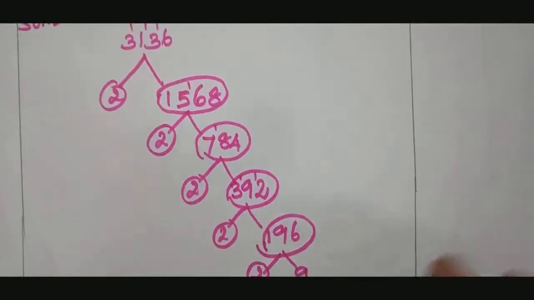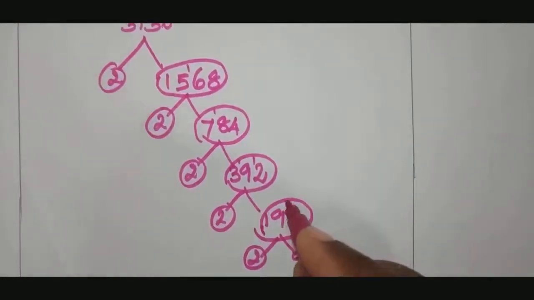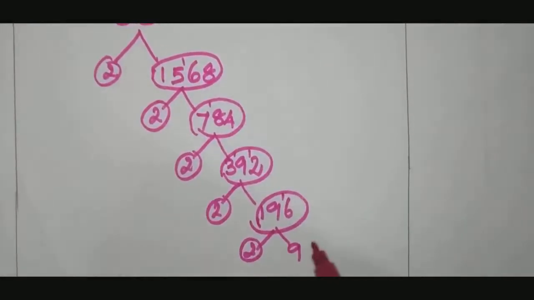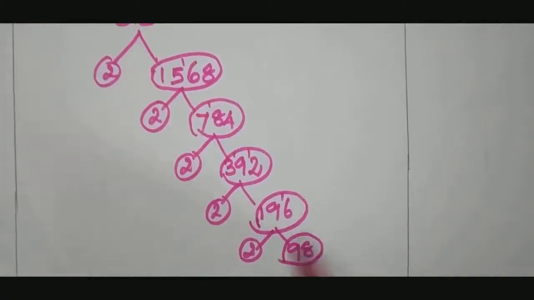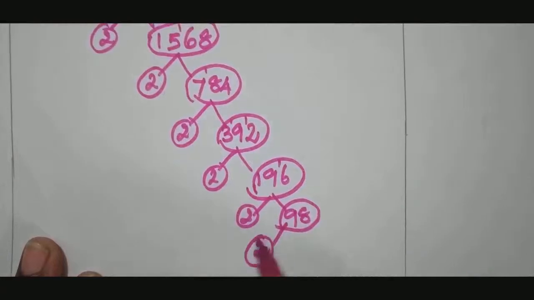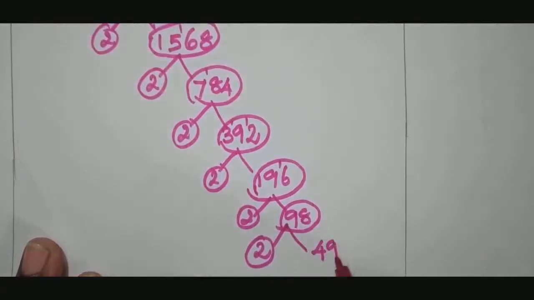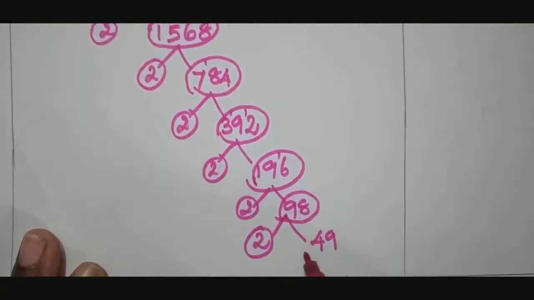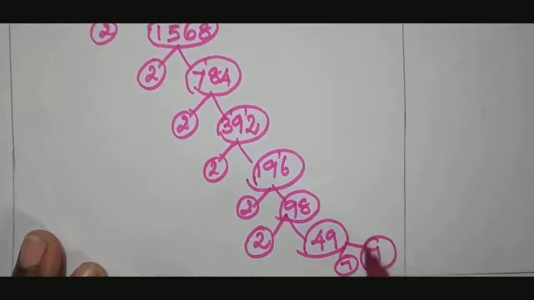Nine 2s are 18, remaining 1. 8 2s are 16. In 2 tables, 2 49s are 98, and this 49 you can write it as 7 7s are 49.